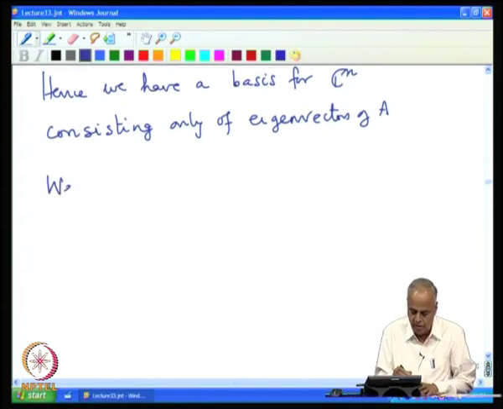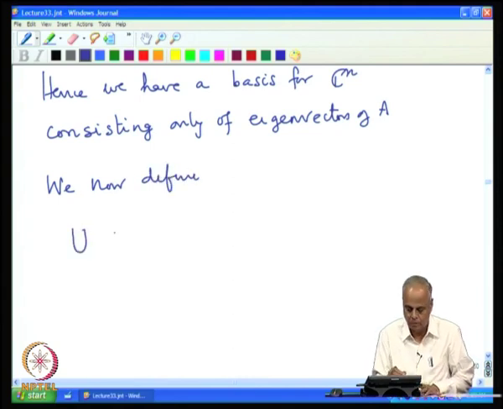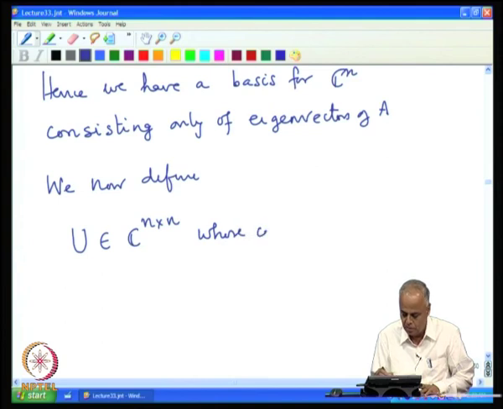We now define the matrix U, it is n by n, whose columns are these eigenvectors.